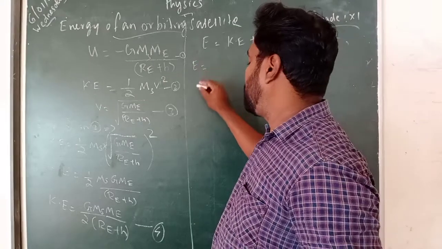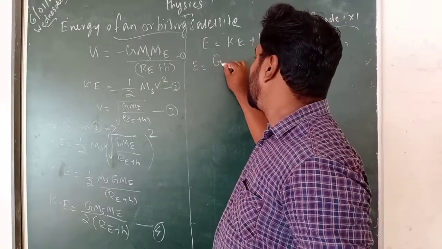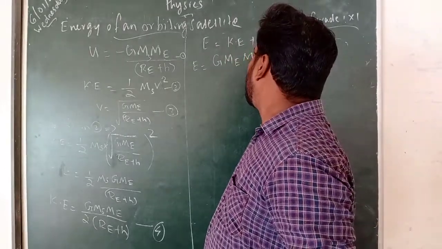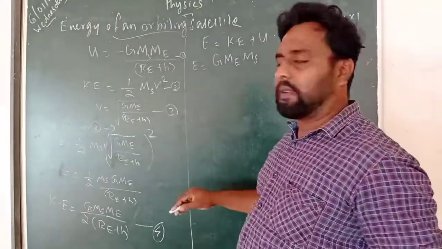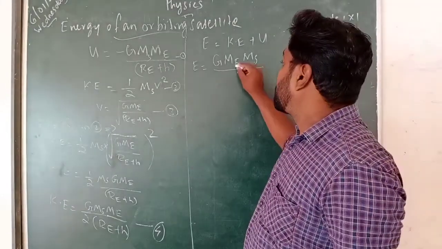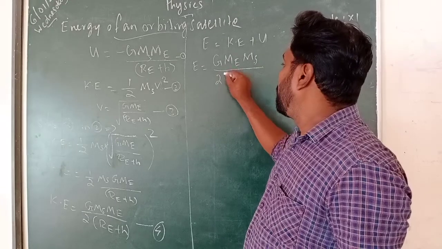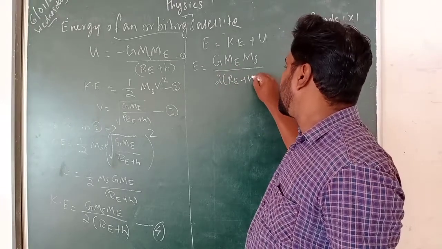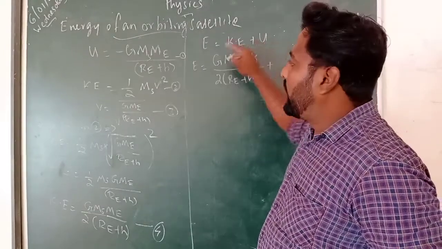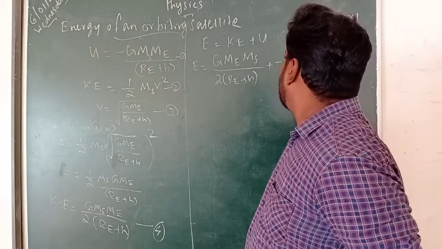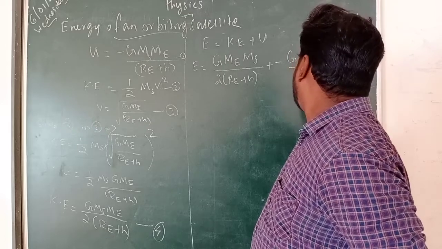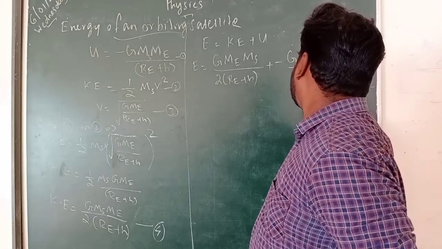So E is equal to kinetic energy, which is G Me Ms by 2 into Re plus H. In the textbook it is given Me, Ms; if you write Ms, Me also, no problem, so we can follow the textbook. Here plus, then the U value is minus G Me Ms by Re plus H.